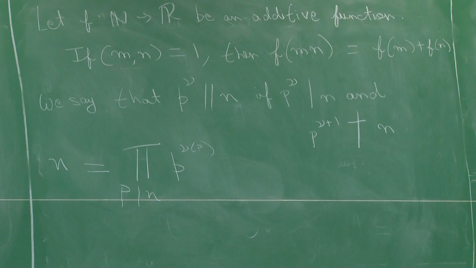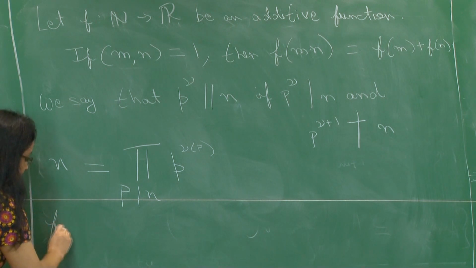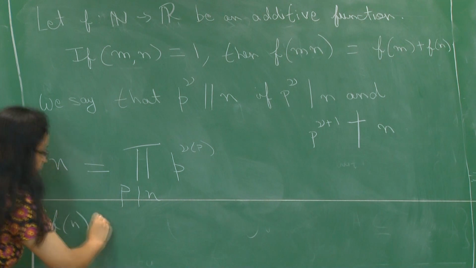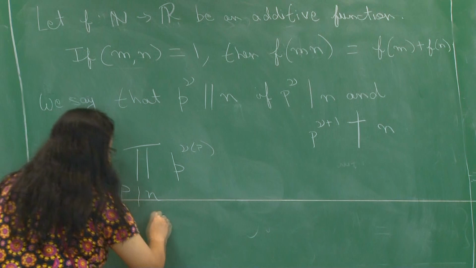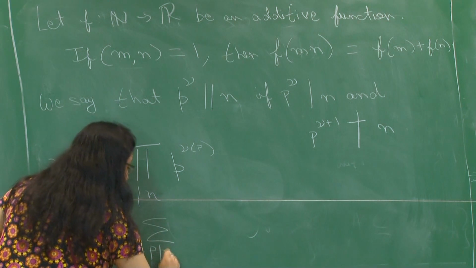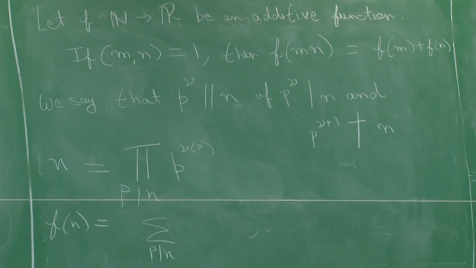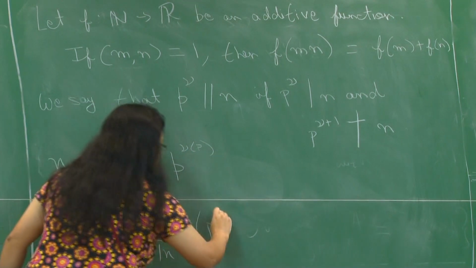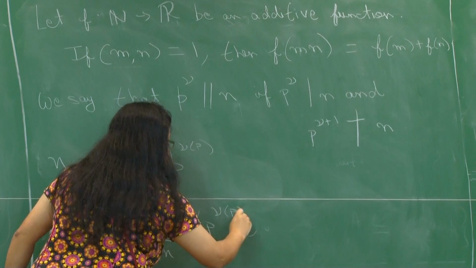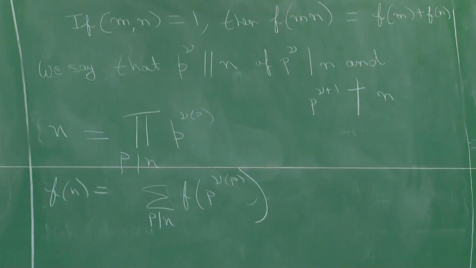If you want to be even more specific, you say nu of p comma n. But all that we want to know from this is that if your function f is additive, this is equal to the summation over all the primes dividing n of f of p raised to the nu of p.